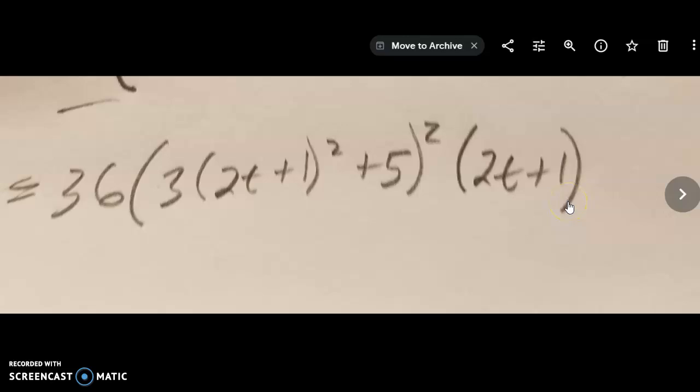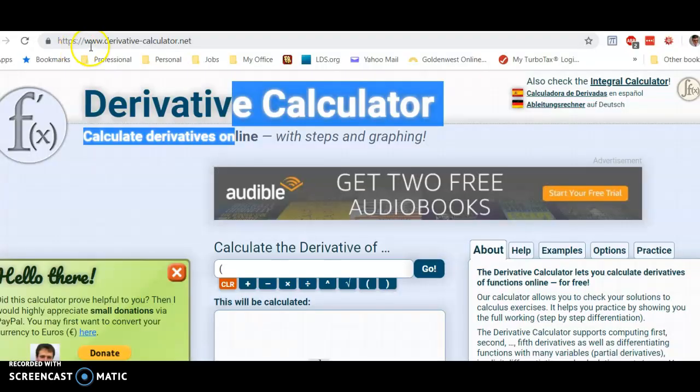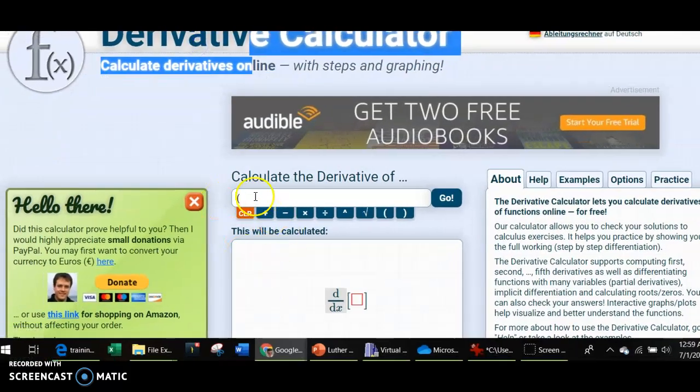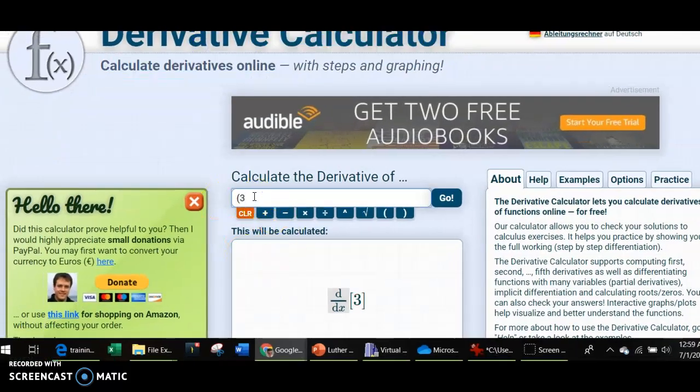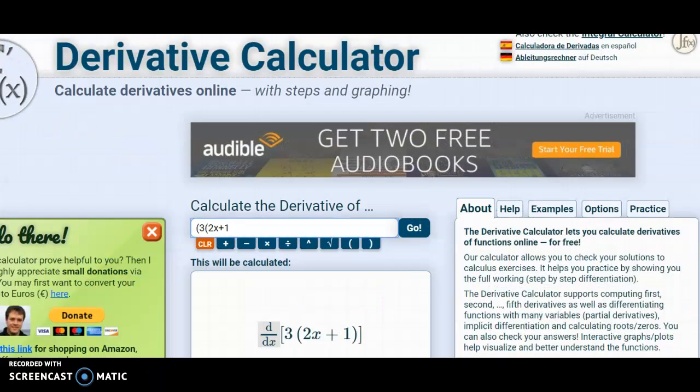And I need to show you a really cool website. Okay, so the website is www.derivative-calculator.net. And I'm going to put the function we just had in there. 3 times, and I'm going to use x, because see down here it's taking the derivative. Okay, squared plus 5 raised to the 3rd power.